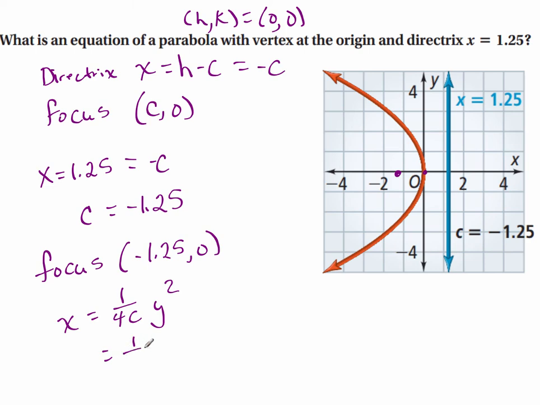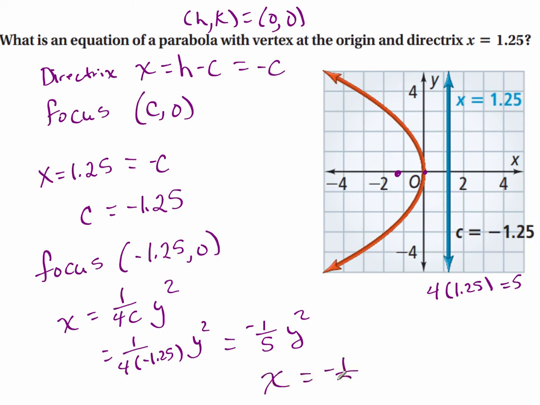So it's going to be 1 over 4 times minus 1.25 y squared. So when I multiply this out, let me come over here and do a little algebra. 4 times 1.25 is 5. So this is going to be 1/5 y squared, and I dropped my negative, minus. So the equation, final form, is x equals minus 1/5 y squared.